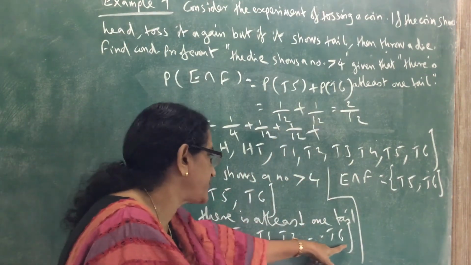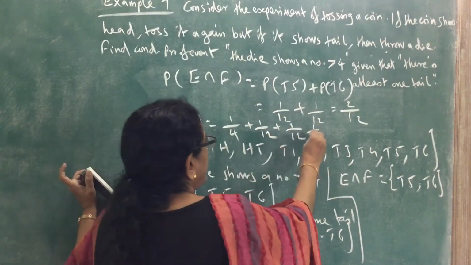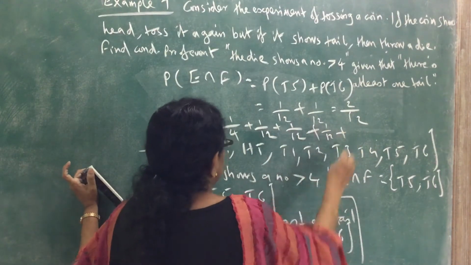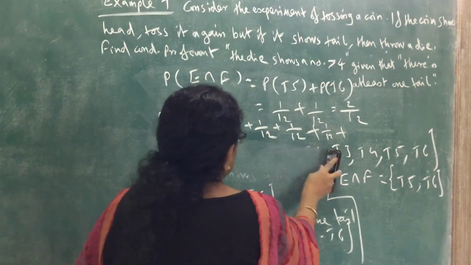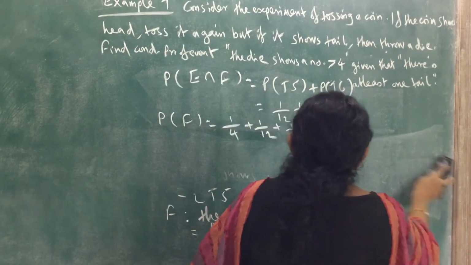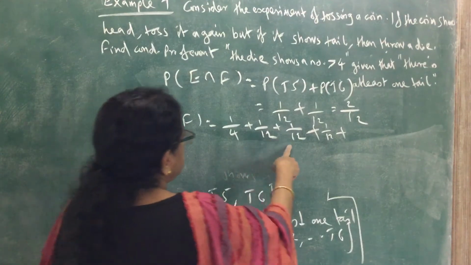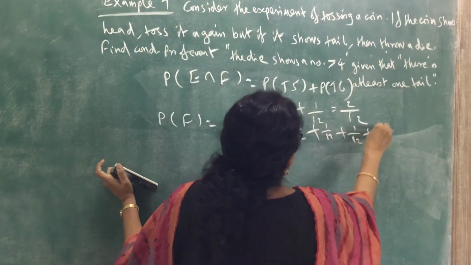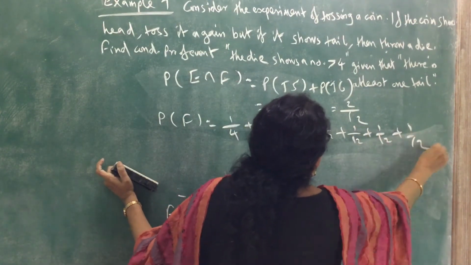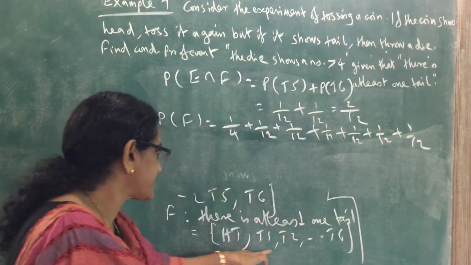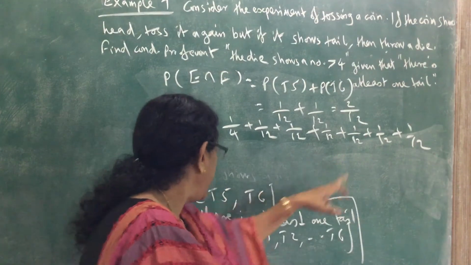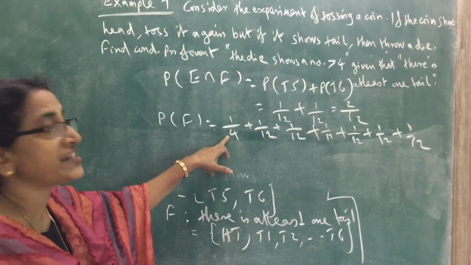Here 6. For these 6 elements, 1 by 12. And for this HT, probability is 1 by 4.